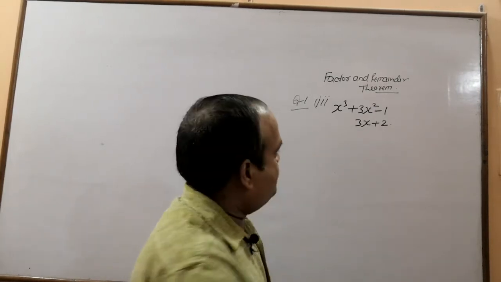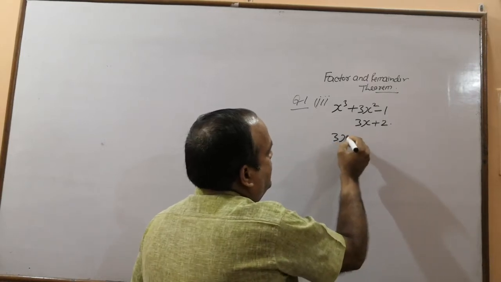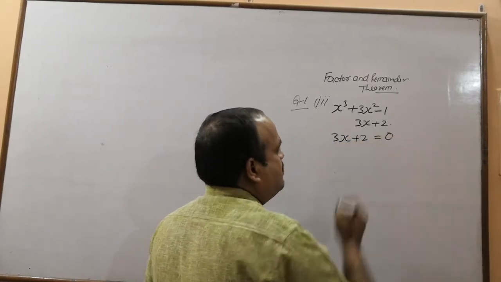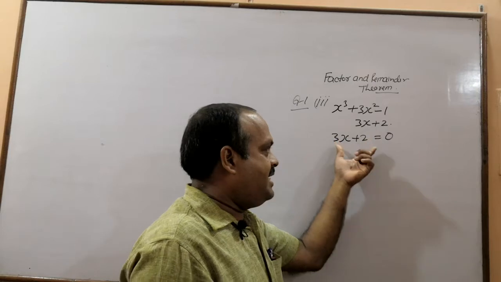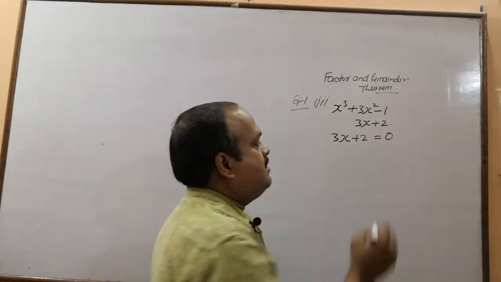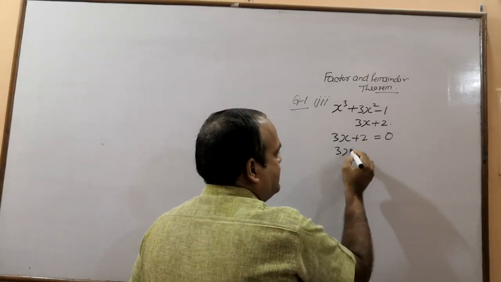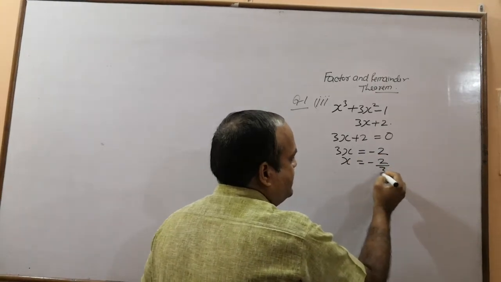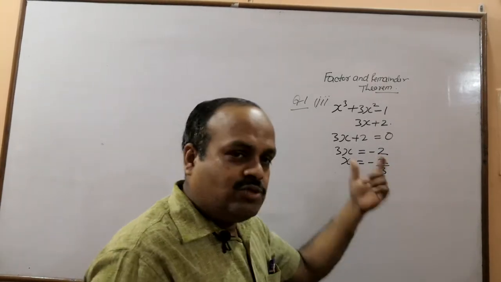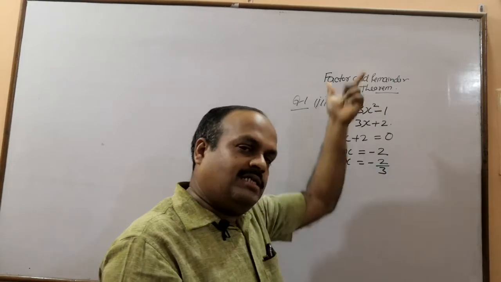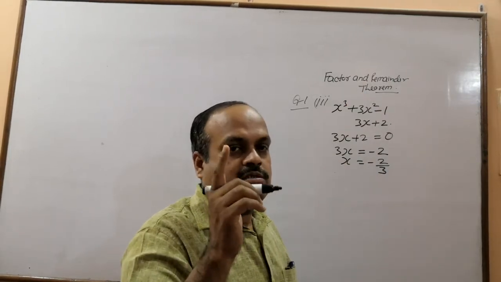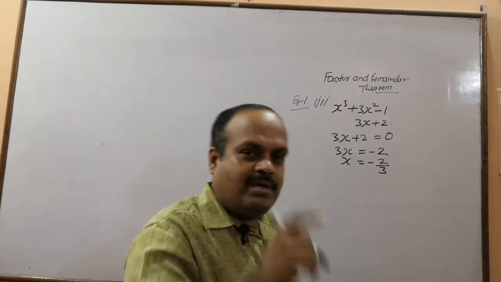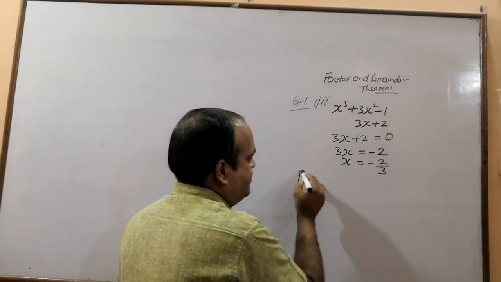So, let us do it. 3x plus 2 is equal to 0. This is an equation. Get the value of x. 3x equals to minus 2, x equals to minus 2 by 3. As you substitute the value of x in this, you start getting the remainder. So, write here remainder.